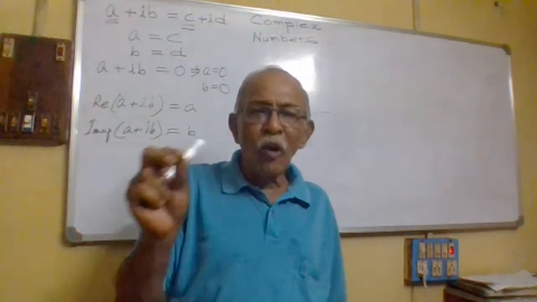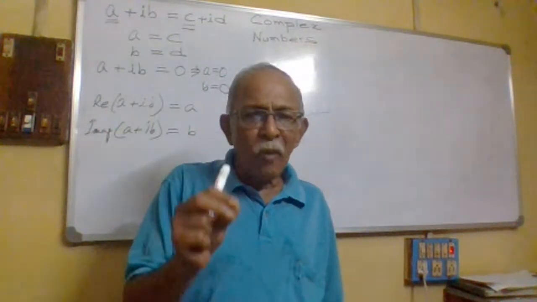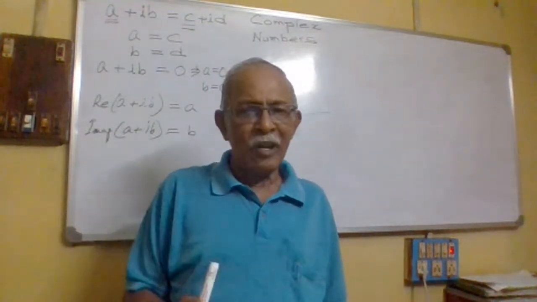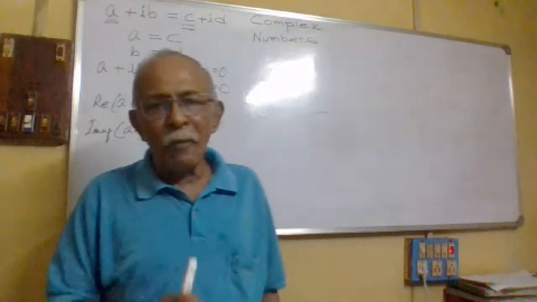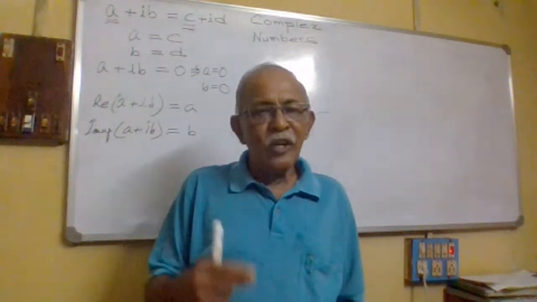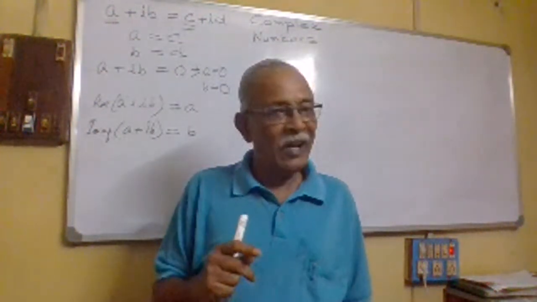The sum of two complex numbers will be a complex number. The difference will be a complex number. The product will be a complex number. The ratio will also be a complex number.